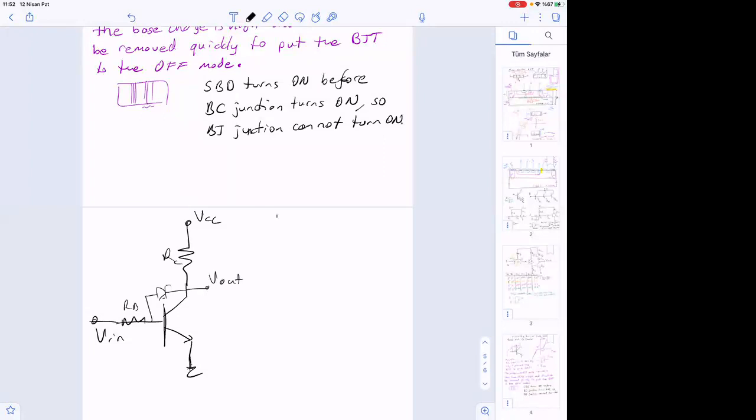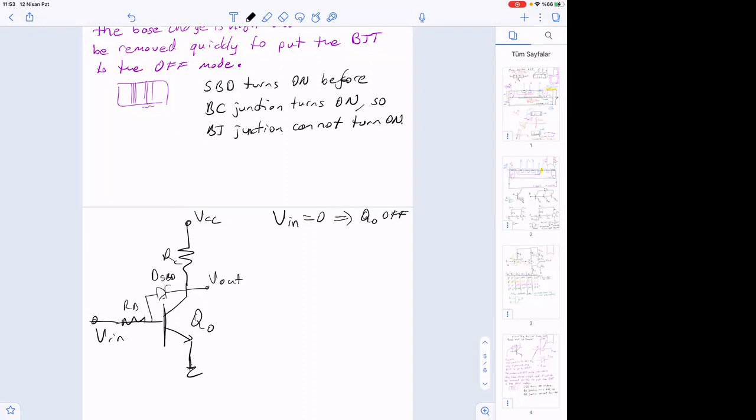So when V in is equal to 0, then this QO, and let's say these Schottky barrier diodes are both off. Maybe that Schottky barrier diode is going to turn on or off. It should be off also. Anyway, QO is off.